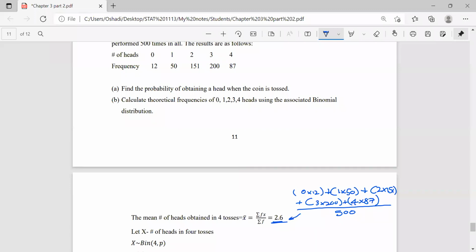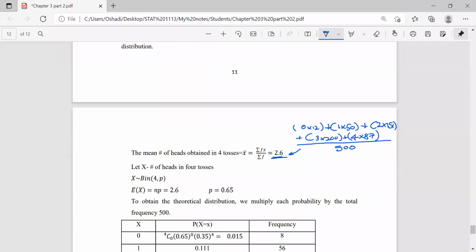So this is the mean number of heads obtained in 4 tosses. We know that the number of heads in 4 tosses is a binomial distribution. How many trials are there? Since we are tossing 4 times, the number of trials is 4. And we don't know the probability; we are going to find it.